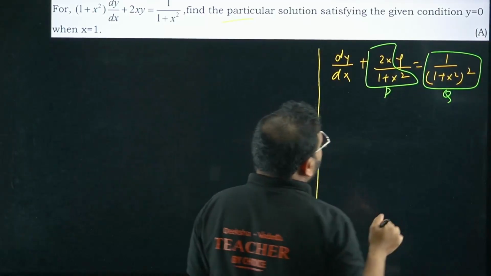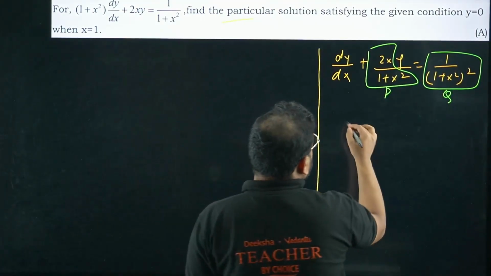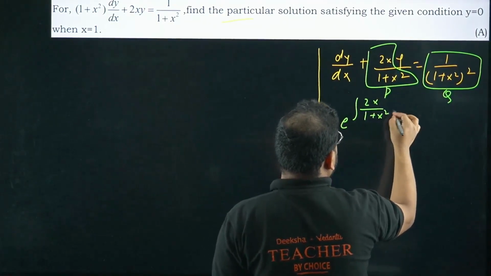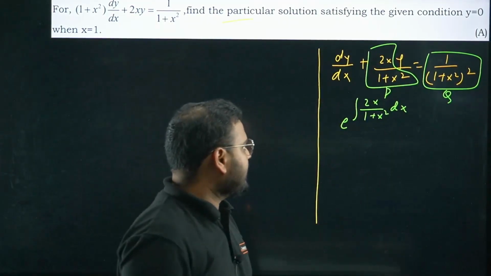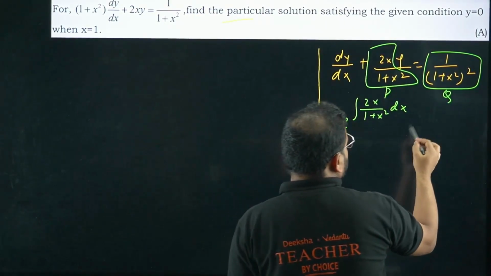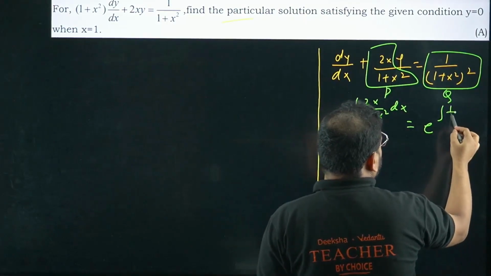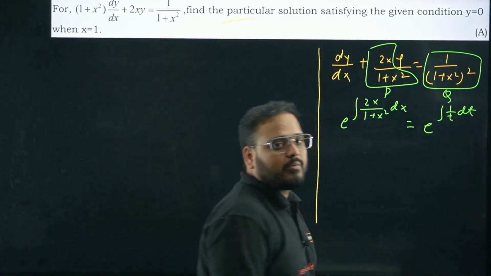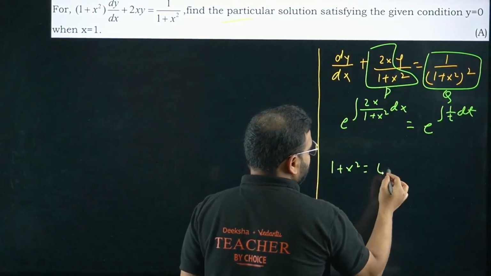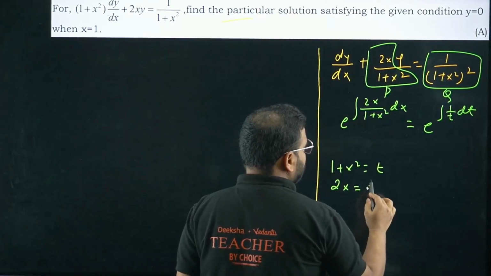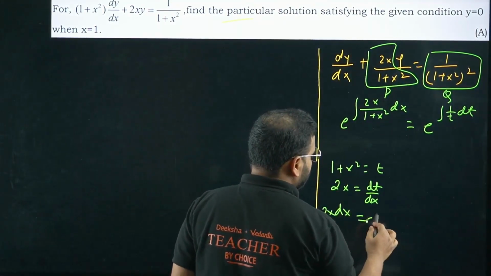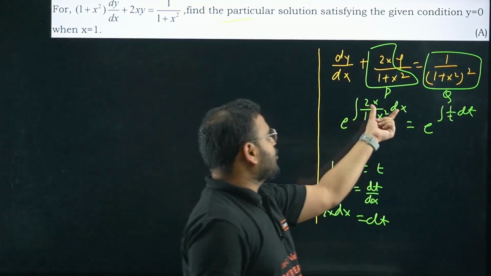Put it over here. I get the integrating factor as e power integration of 2x upon 1 plus x square dx. If I substitute 1 plus x square as t, then 2x equals dt by dx, so 2x dx becomes dt.